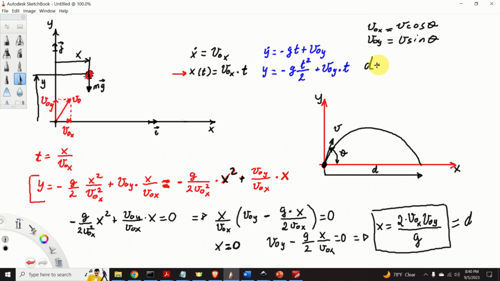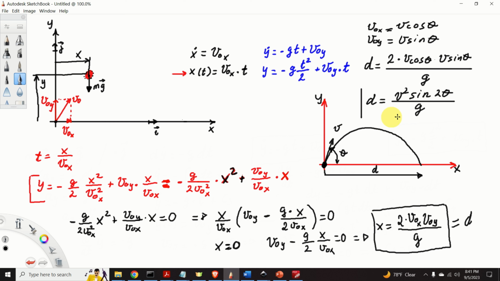We obtain that the distance is actually equal to 2 times v cosine theta times v sine theta, and everything should be divided by g. Let's simplify this expression. We know that 2 cosine theta times sine theta is actually sine 2 theta, and consequently this distance becomes v squared sine 2 theta divided by g. And this is an alternative formula for the distance d, if v is given and theta is given.